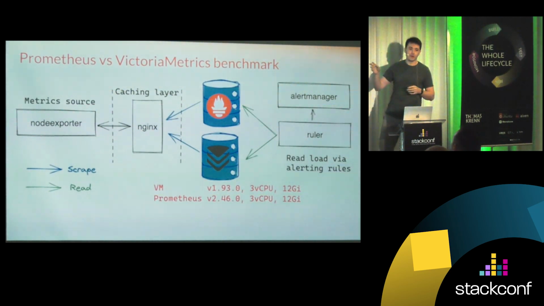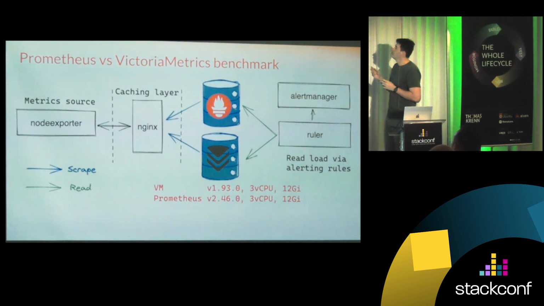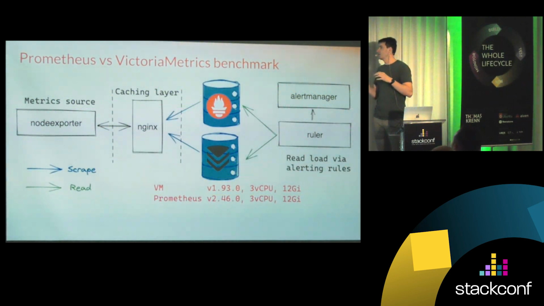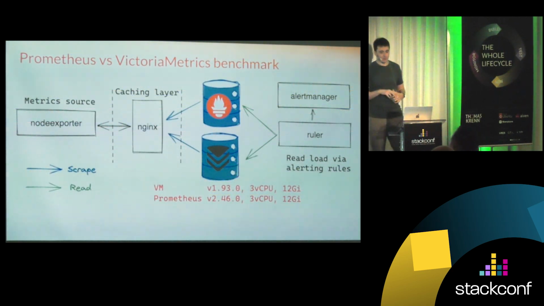I threw away the VM agent part, and I made both VictoriaMetrics and Prometheus scrape the same target using the same scrape config. Both are running on the same instances, with the same configuration, on fixed versions, and both of them have limits of 3 CPU and 12 gigs of memory.